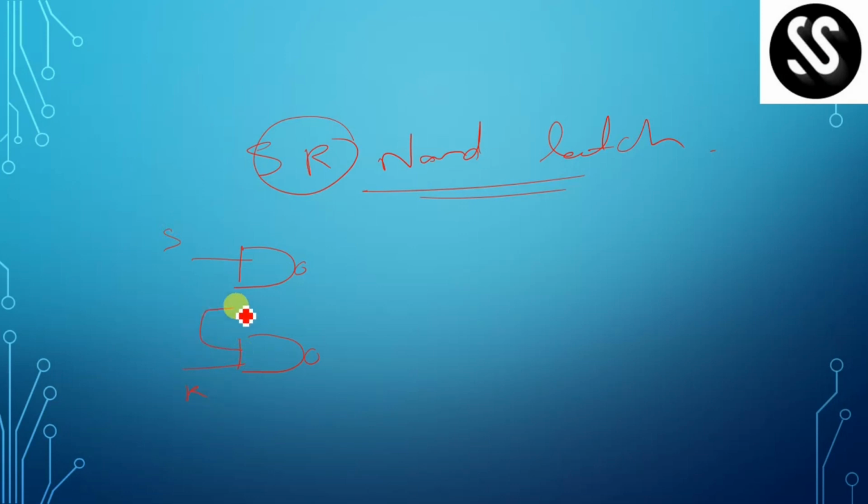The output Q is connected to R, and Q complement is connected to S. This condition using NAND gates is called the SR NAND latch, right?